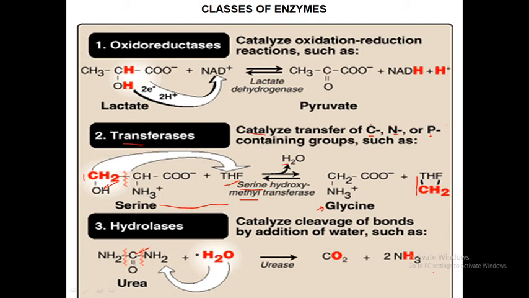They utilize a water molecule for the cleavage of a bond. Here is an example: urea, which is important. When urea is subjected to reaction with water with the help of the urease enzyme, it is converted into carbon dioxide and two ammonia groups.